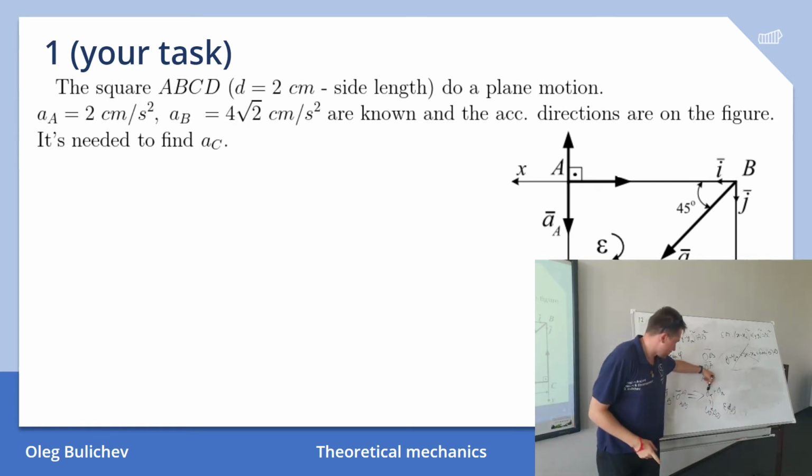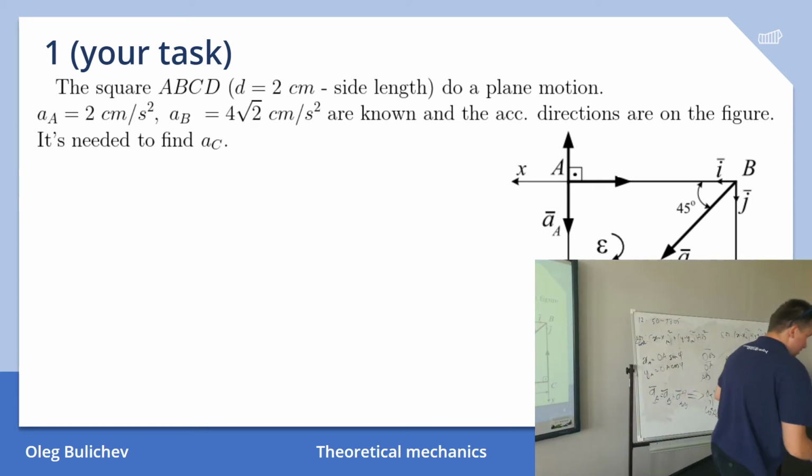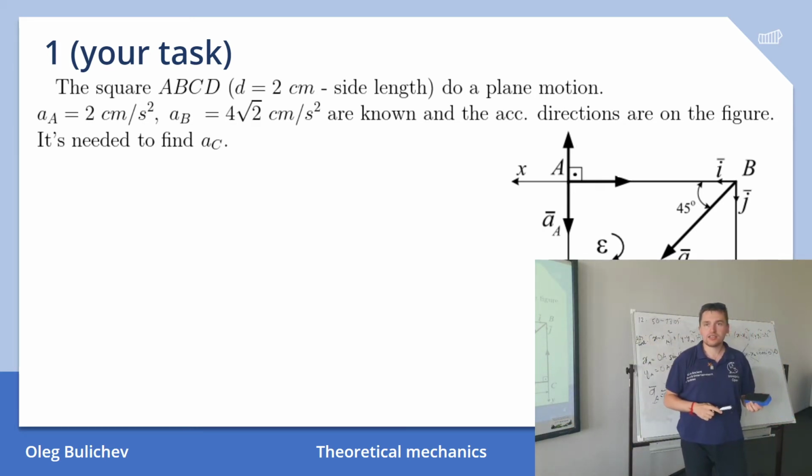One element of it will be on the y-axis, the other on the x-axis. I see you didn't get it. I think you probably didn't get what tools you have to solve the task. Just write something.